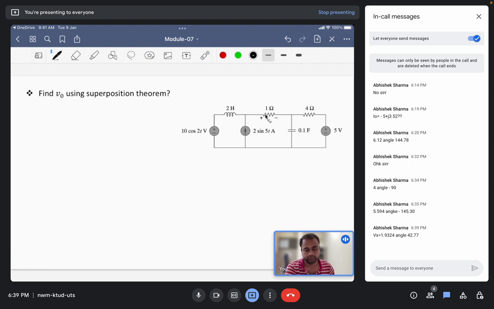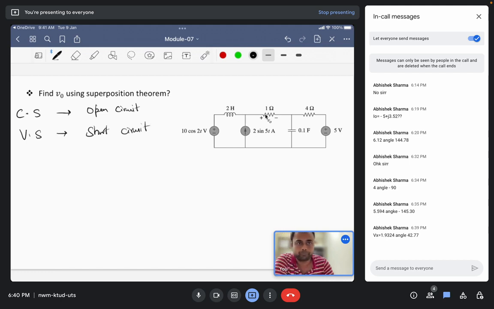So again we have to use the superposition theorem. In the superposition theorem, we take the sources one by one. Suppose in the given circuit there are 3 sources, 2 voltage sources and 1 current source. In case of a current source, we open circuit it, and similarly in case of a voltage source, we short circuit it.